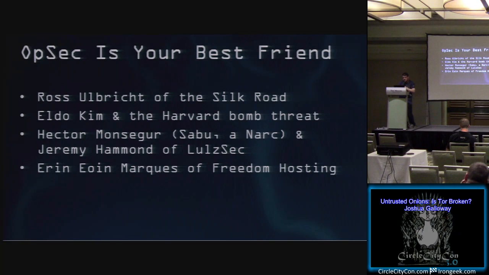Now, another one is Sabu from LulzSec, where he tripped up because he did not use Tor consistently. He would usually use it, but one time he connected to his usual IRC account without Tor.